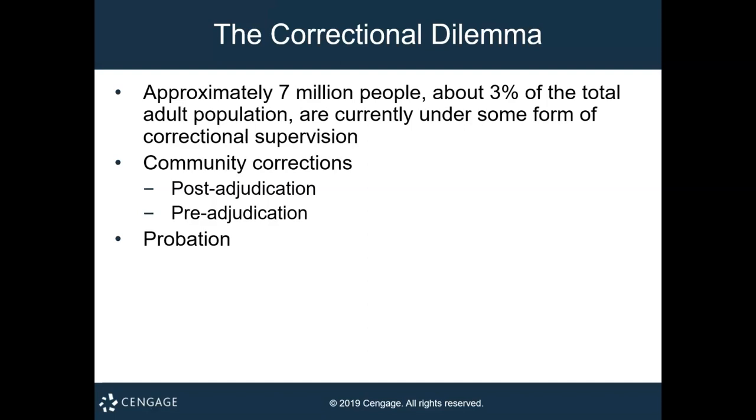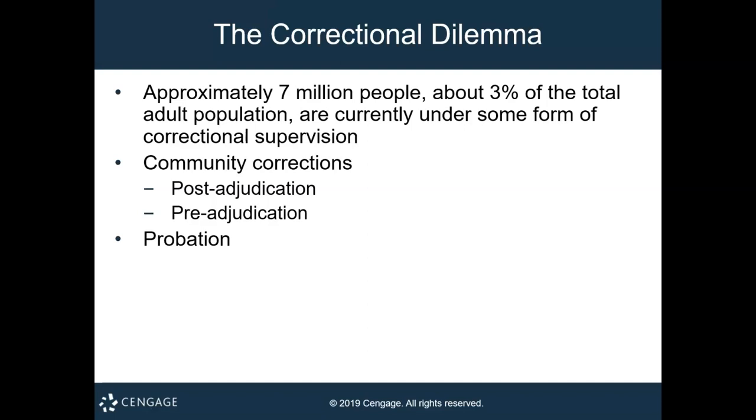Most people who are on probation or parole are not in custody. They are living in the community, being supervised by a probation officer or parole agent, and they are working on their rehabilitation within the community. These community corrections can take place pre-adjudication or post-adjudication.